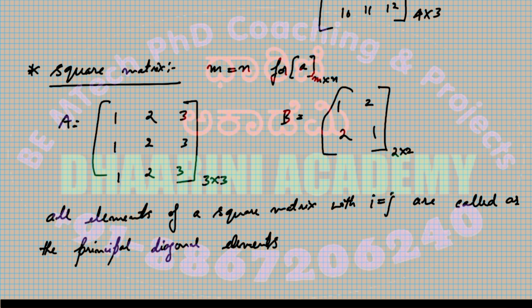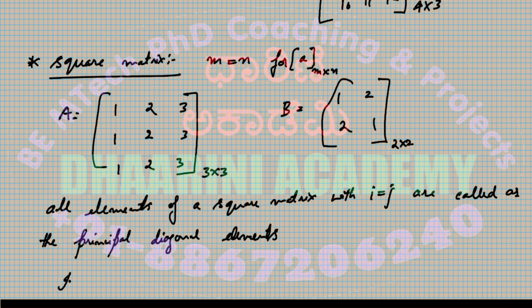For example, in the matrix A, what are the principal diagonal elements? Okay, in this case, we may not be able to distinguish because all numbers are same. I'll slightly modify: 1, 2, 1, 3, 1, 1, 1, 3, 1, 1, 1, 2, etc. Now you see the 1, 2, 3 are the principal diagonal elements.